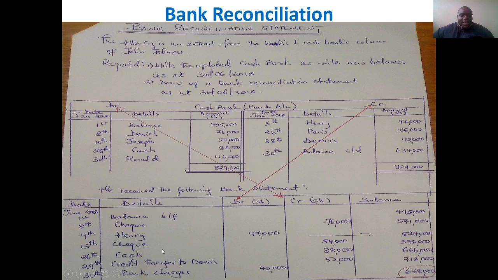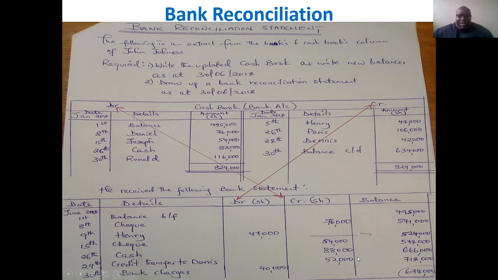On 26th, we received cash through the bank equivalent to 88,000. And on 29th, there was a credit transfer to Doris equivalent to 52,000.